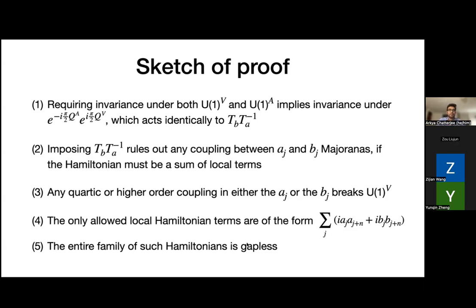I have another question. In this proof, I think you assume that the Hilbert space is just the Hilbert space of these A and B fermions. That's right. But in general, when we say some symmetry has implications for the phase, like we can rule out a trivially gapped phase or even a gapped phase, we don't assume a specific Hilbert space, right?